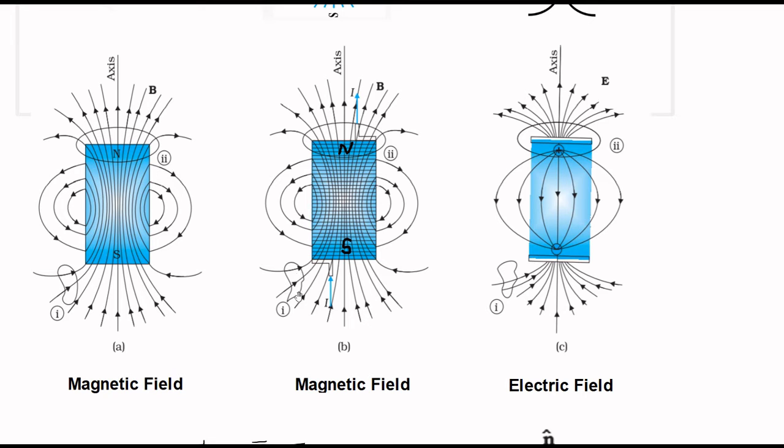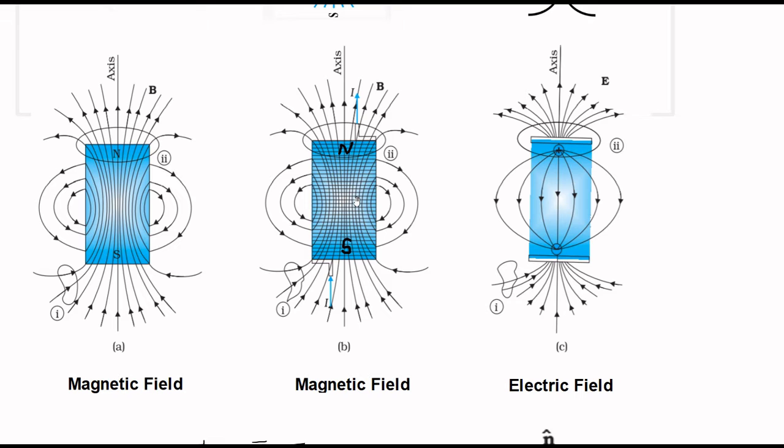Same way at the solenoid also, this is closed surface 1 and closed surface 2 here. And in electric field, same closed surface let us consider 1 and 2. Look at this magnetic fields. These closed surfaces do not enclose any charge here.